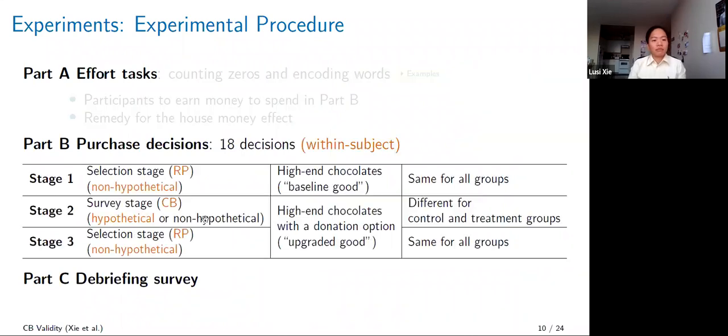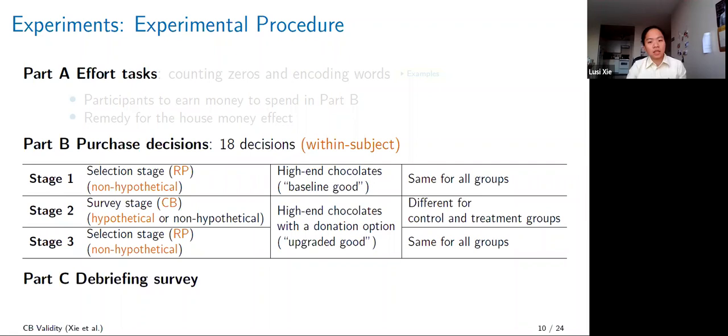The main part of the experiment is the purchase decisions that consisted of 18 decisions. And the 18 decisions were evenly distributed throughout 3 stages. Stages 1 and 3 are called selection stages because they are part of the random selection. So they are non-hypothetical and incentive compatible.